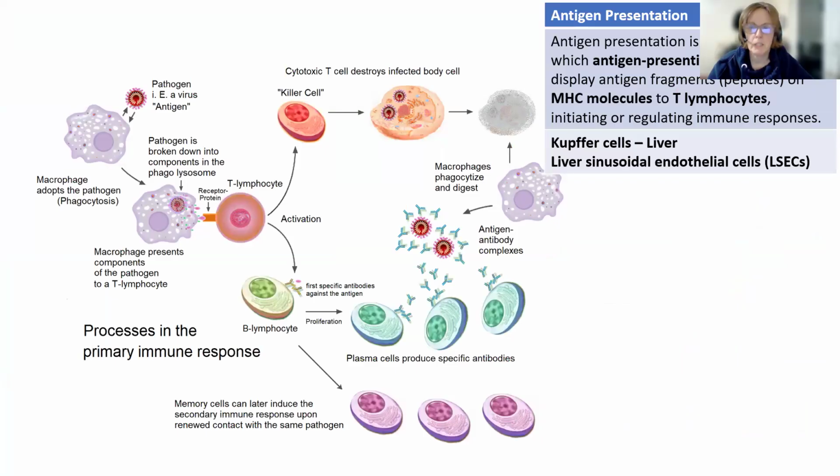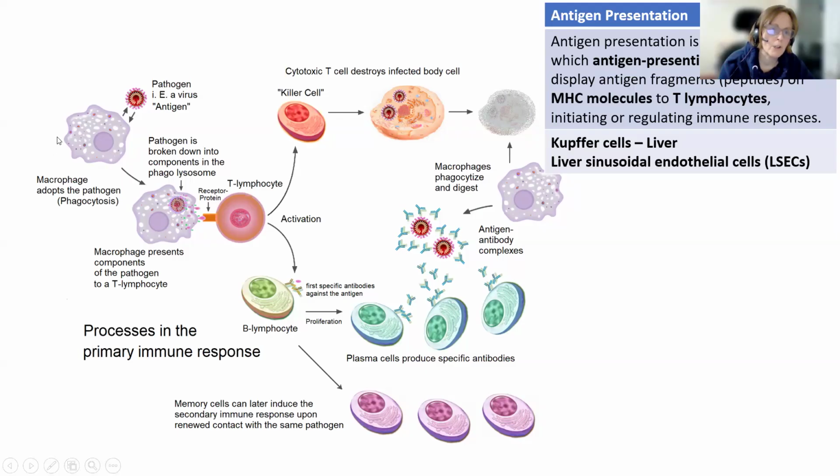So when we had a look at this before, we had a look at these antigen presenting cells. And remember what they do is they display bits of the antigen, fragments of the antigen on their major histocompatibility complex molecules, and then they present them to the T lymphocytes, and that will initiate an immune response. Okay, so here's our pathogen or virus.